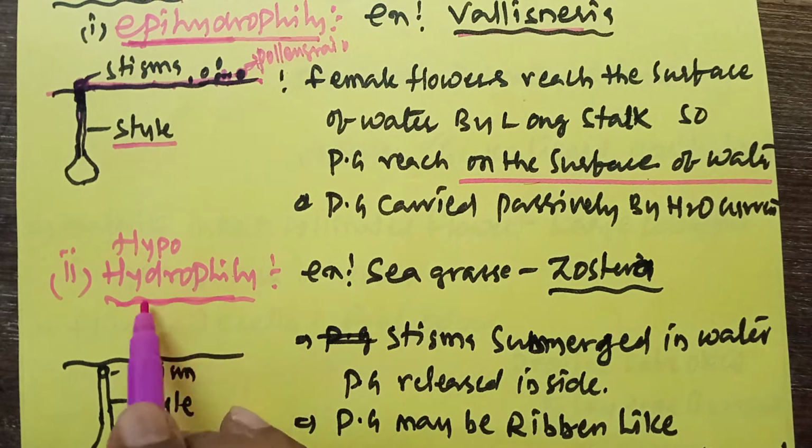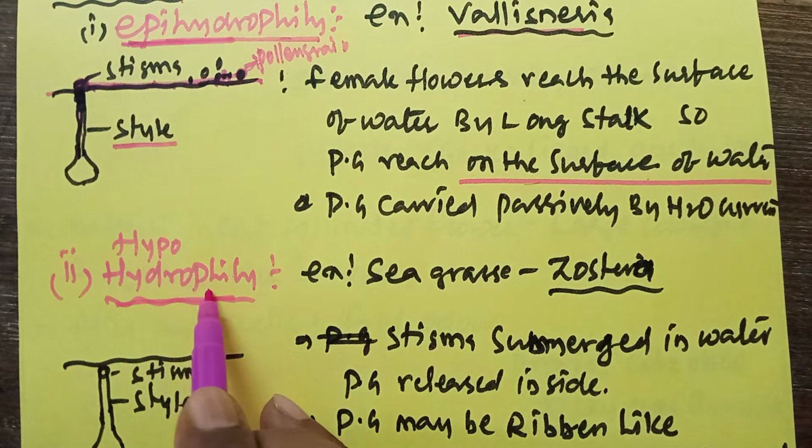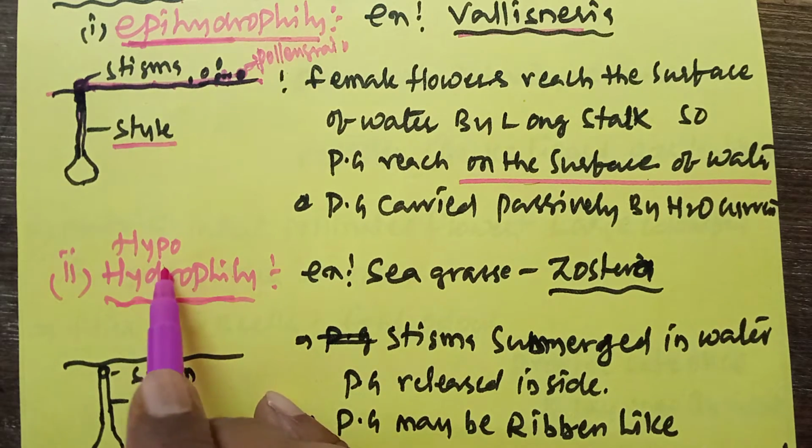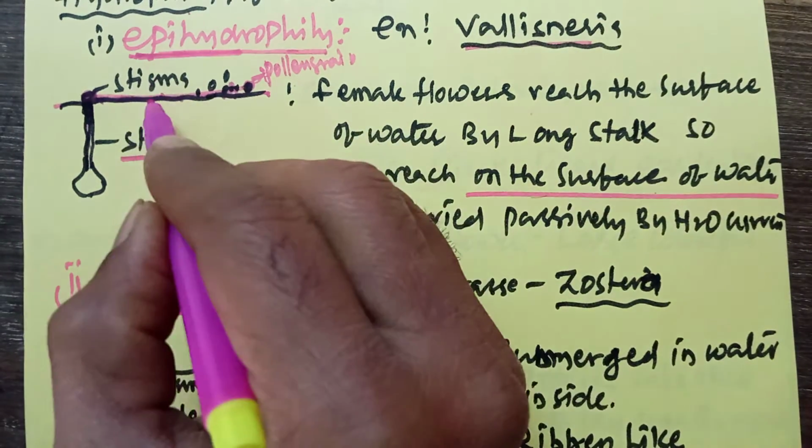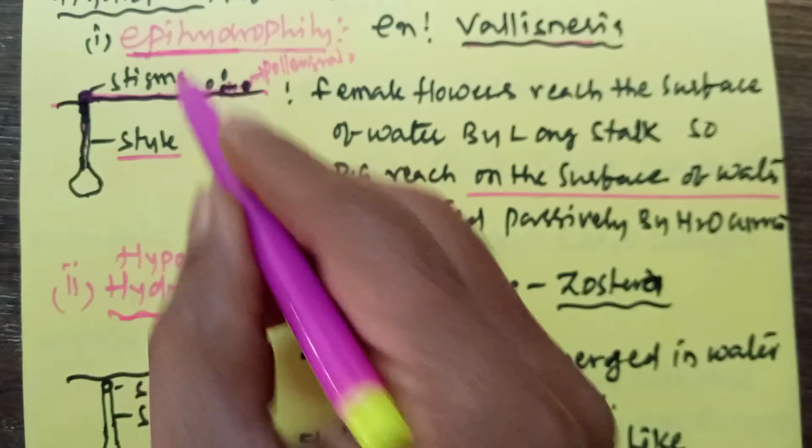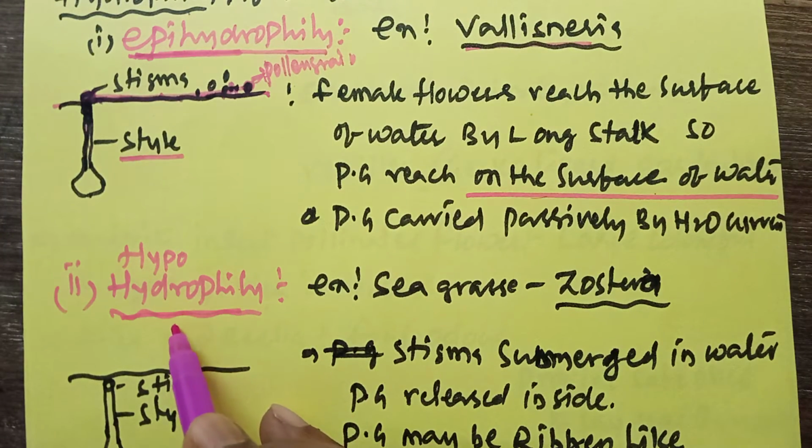Now come to hypohydrophily. This is the second type of hydrophilous pollination. Epi means above the water surface level, hypo means below the water surface level.